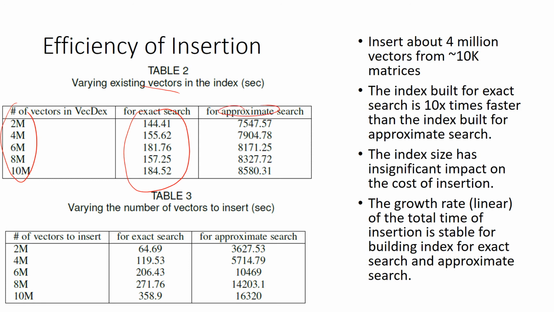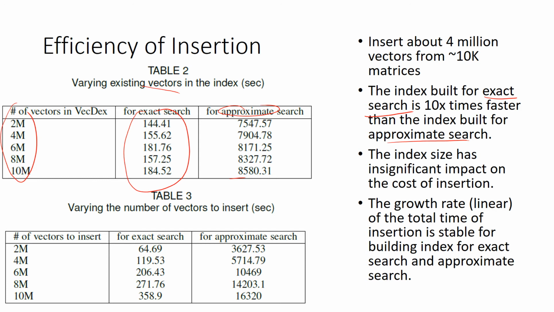But for the approximate search, the larger inverted index will require more time. This is because when we are searching for the right place to insert the vectors, we need to perform more scanning. But in general, the exact search is more than 10 times faster than the approximate search.